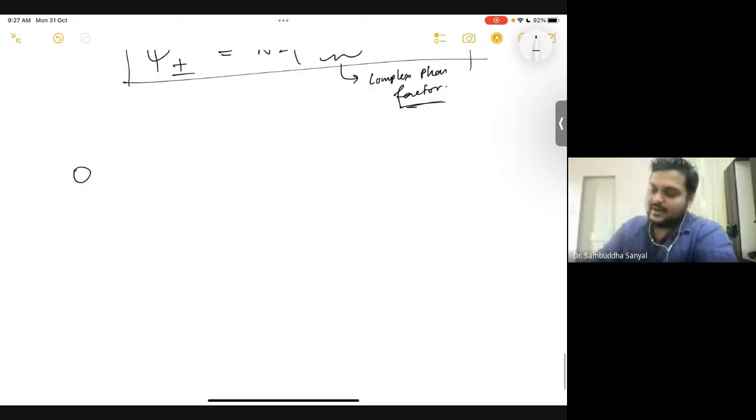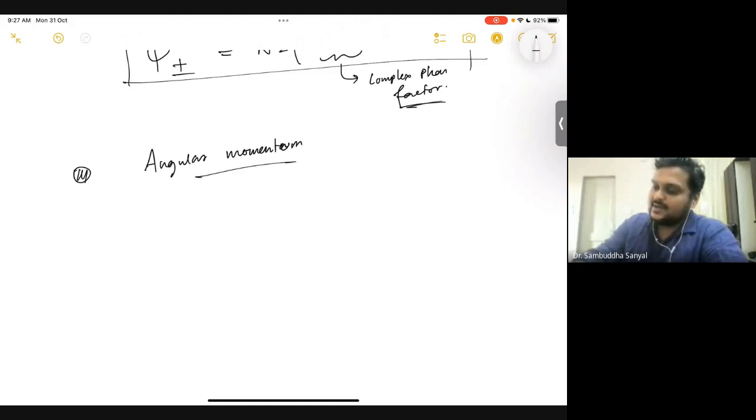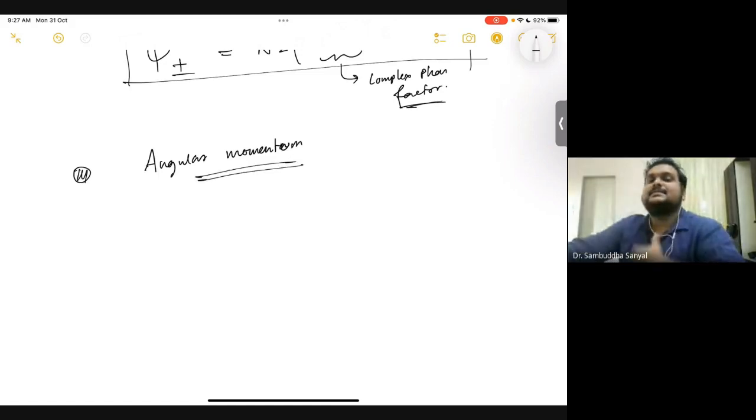Okay. Now let me find another quantity. This is called angular momentum. Why am I doing such a thing? Right now I'm doing this because I know this system has a circular symmetry. Okay. So we know if there is a circular symmetry, there is a conserved quantity which is an angular momentum, and we know this from classical physics.